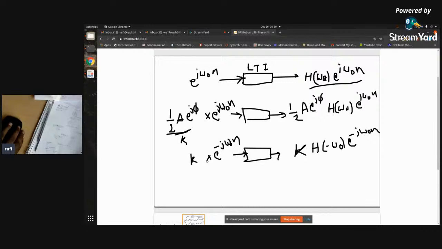Now when you add these two signals, half a into e power j phi e power j omega naught n and half a into e power j phi e power minus j omega naught n, that is nothing but a cos of omega naught n plus phi.